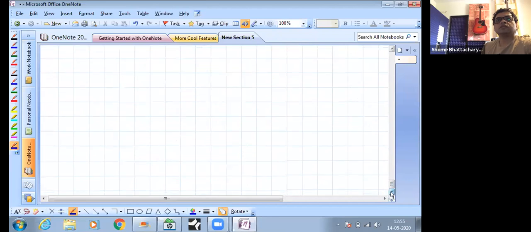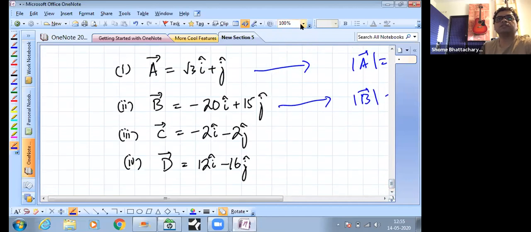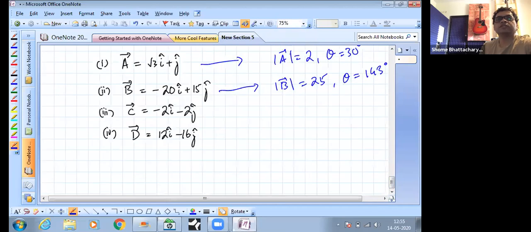Okay, so let me first give you the answers for the third and fourth, so that those who have finished the first and second can try these now. The magnitude of vector C, as so far two people have got it correct, is this much, and the angle will become 225 degrees.